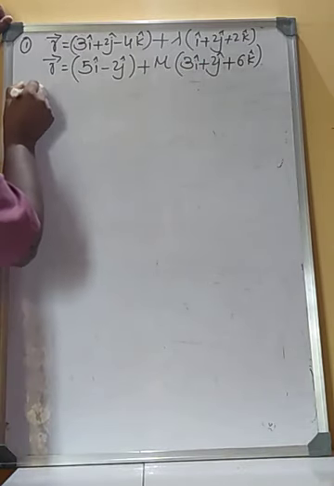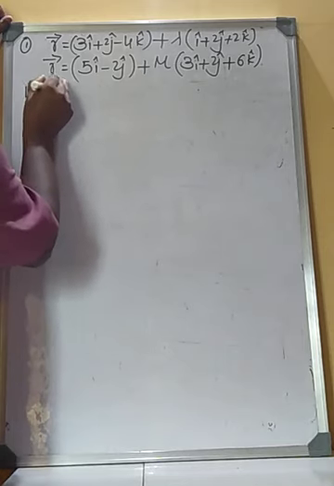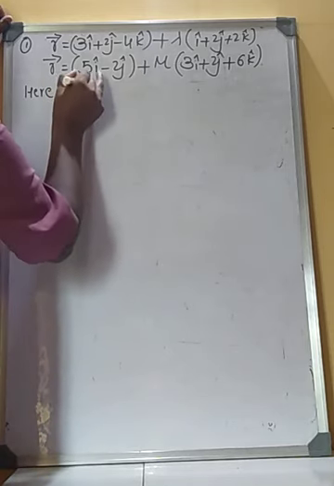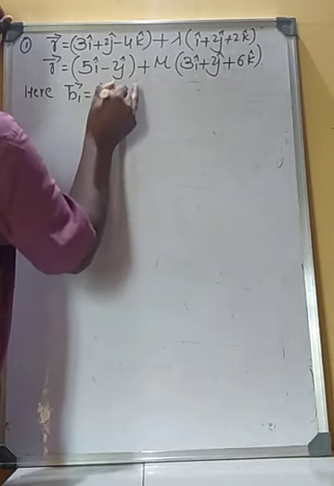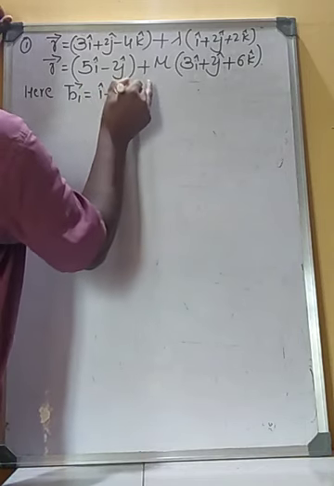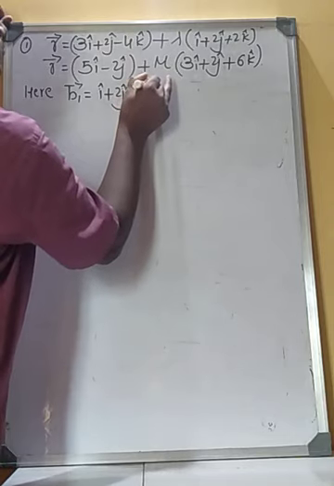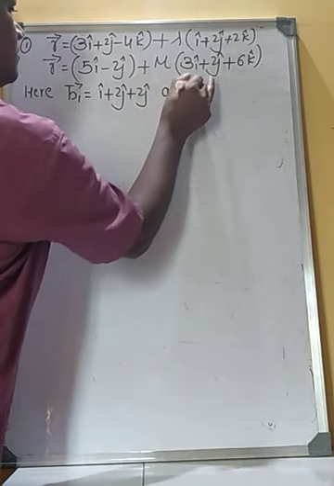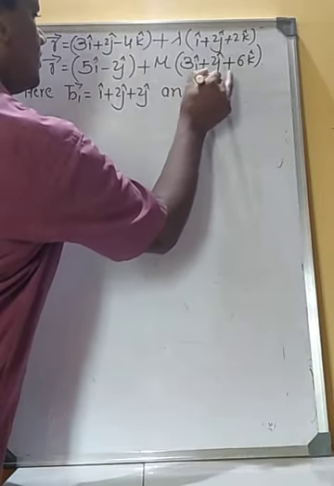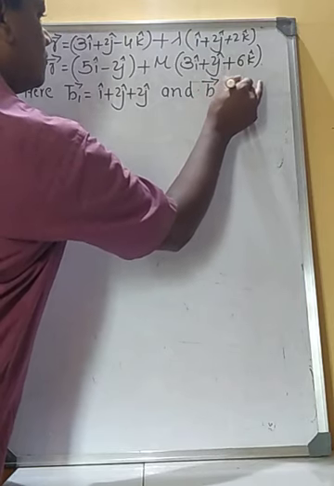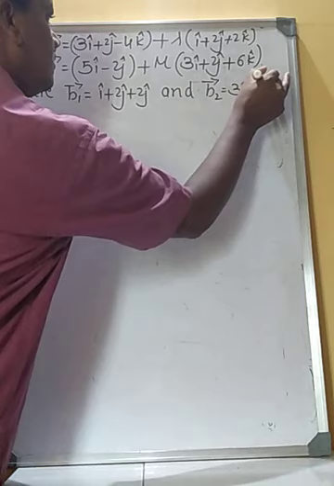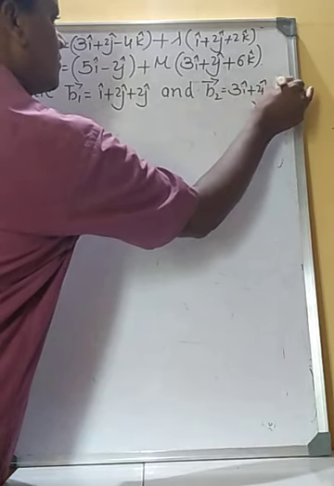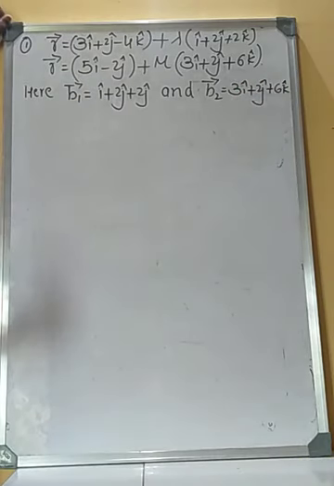Here b1 vector is equal to i plus 2j plus 2k, and vector b2 is equal to 3i plus 2j plus 6k.